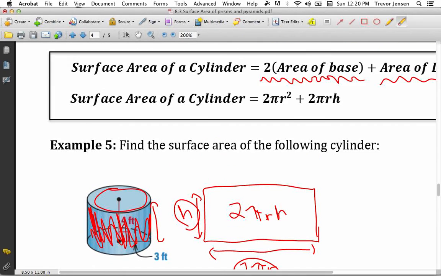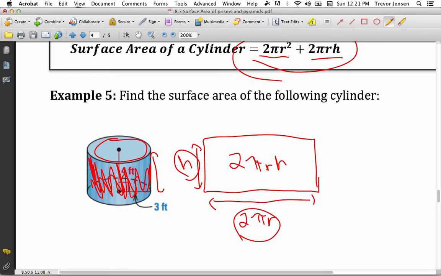The area of the lateral surface is 2 pi r h. And the area of the base is pi r squared, but there's 2 of them, so 2 pi r squared. Add those 2 things together, 2 pi r squared plus 2 pi r h. That gives you the surface area of a cylinder.